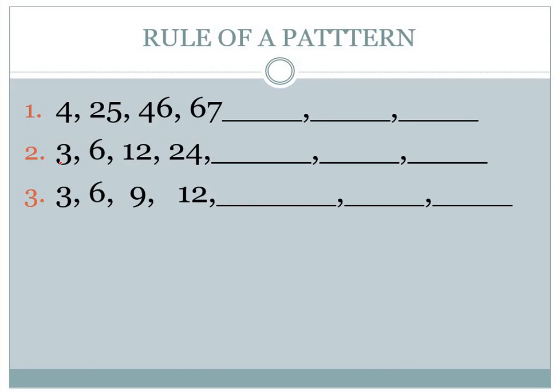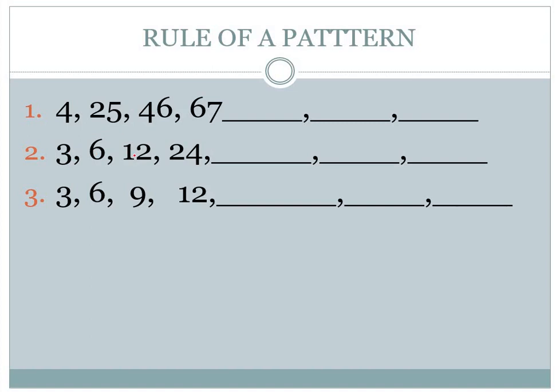Now, pattern 2. 3 moves to 6, 6 moves to 12, and 12 moves to 24. What do you think is happening here? You realize that when I multiply 3 by 2, I got 6. When I multiply 6 by 2, I got 12.